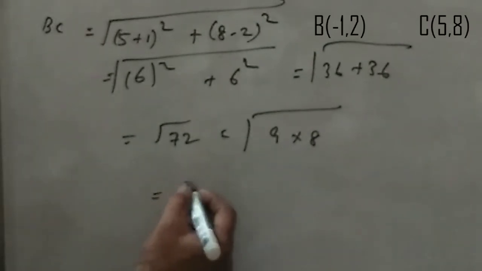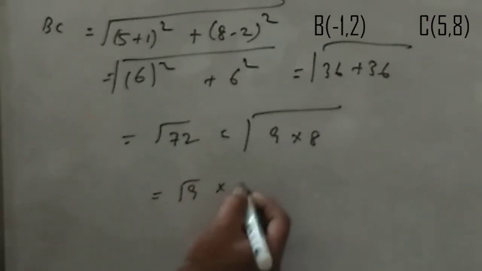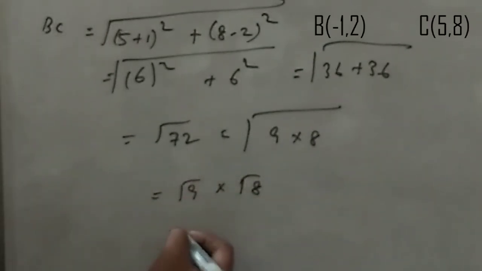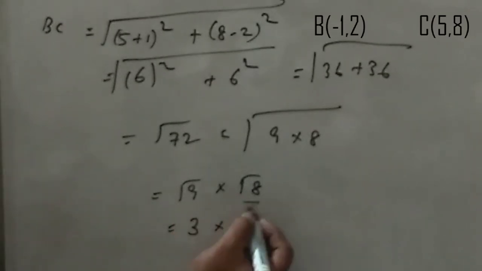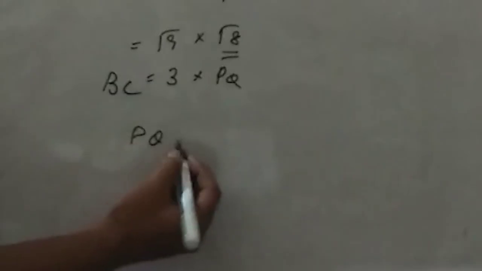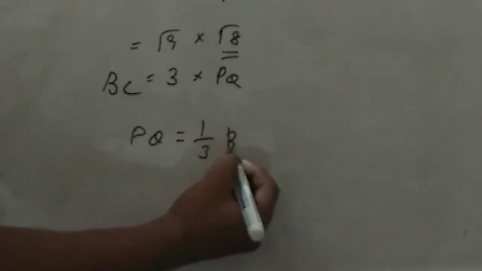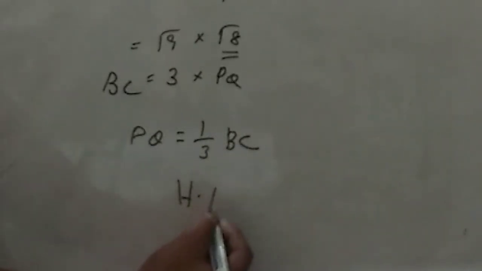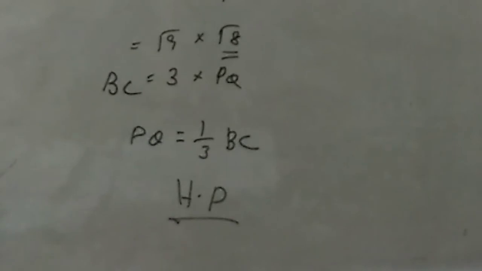So you will get under root 9 into under root 8. That is 3 into under root 8, which is PQ. So BC is equal to 3 into PQ. Now you write PQ is equal to 1 upon 3 BC. Hence proved. Okay. Understood now?